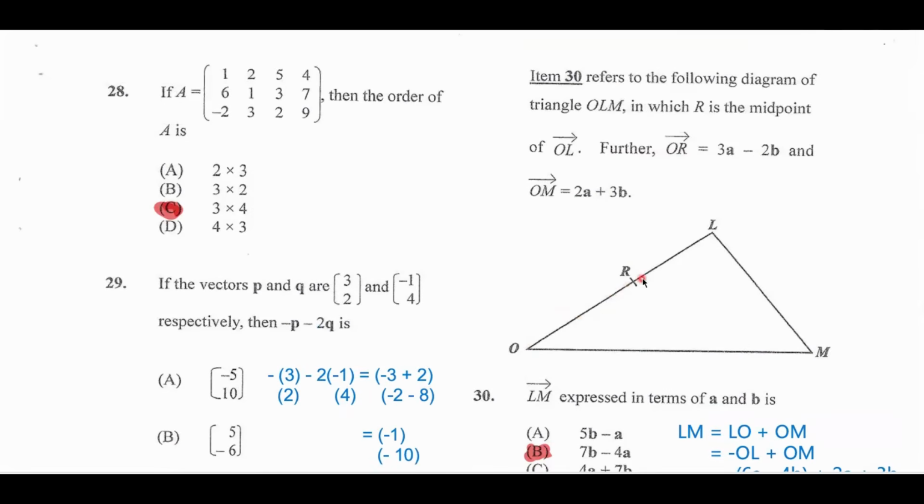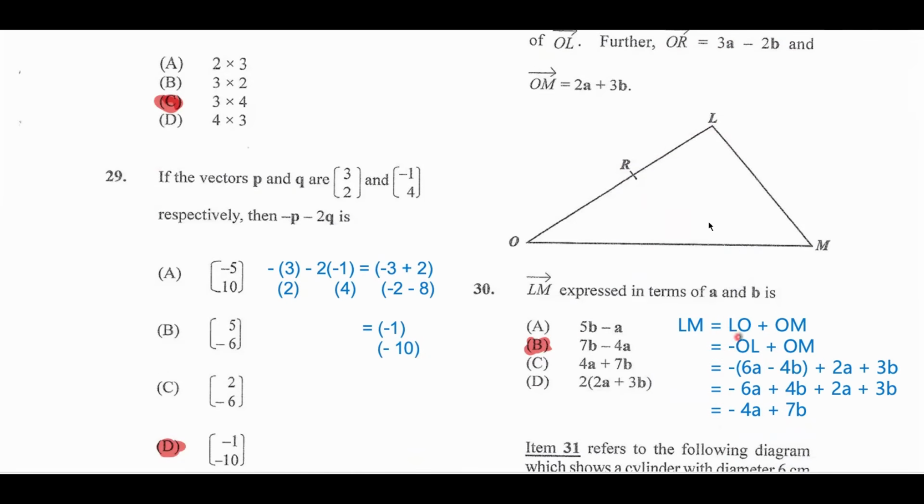Well, OR is 3A minus 2B. So OL will be double that because remember R is what? The midpoint. So I have to double this to get OL. So double of 3A is 6A. And double of 2B is 4B with the minus. Okay, and don't forget the minus outside.